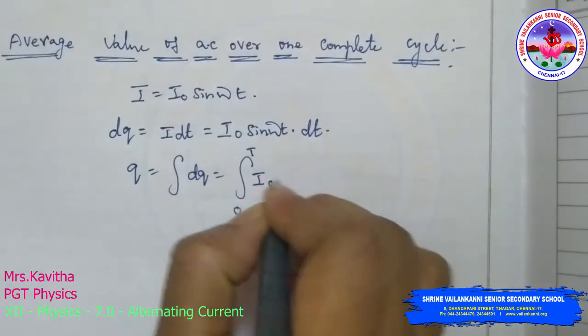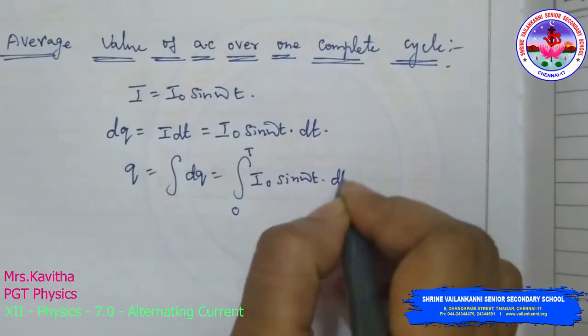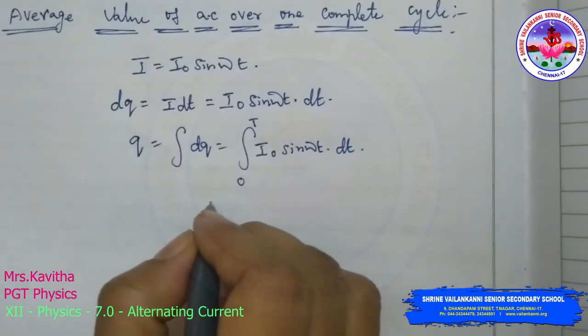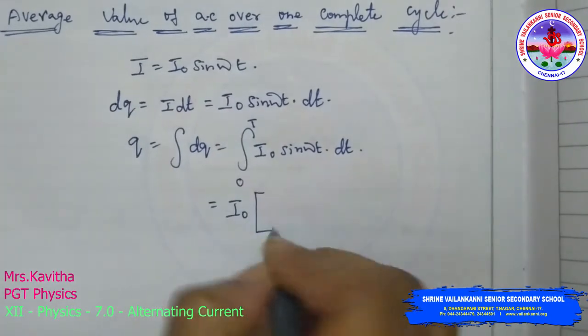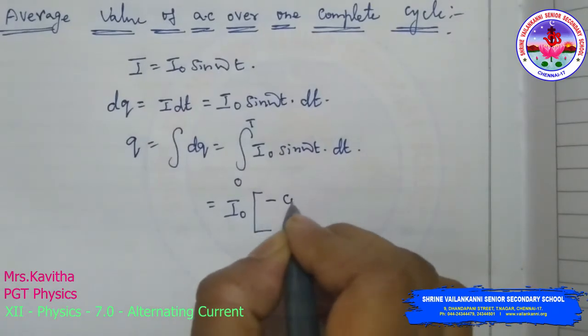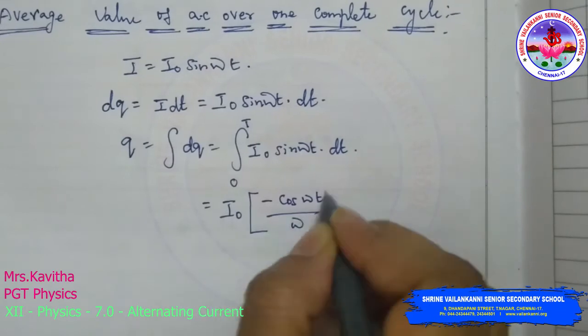So that is I naught sin omega t dt, which equals I naught times the integration of sin omega t, that is minus cos omega t by omega.